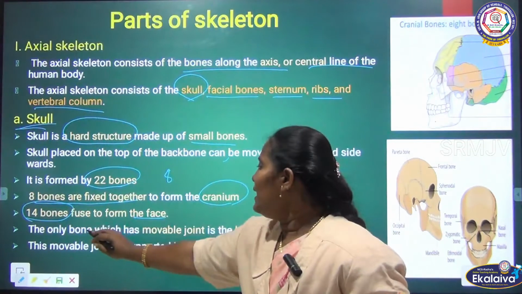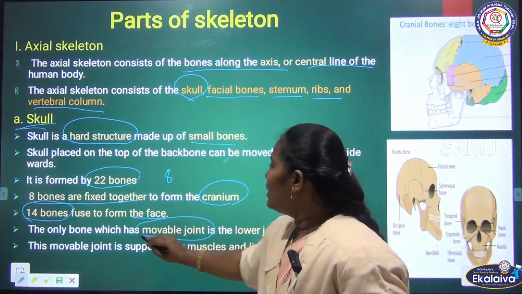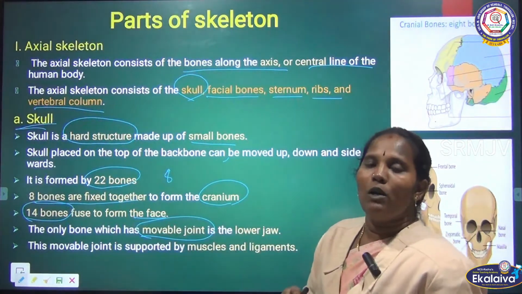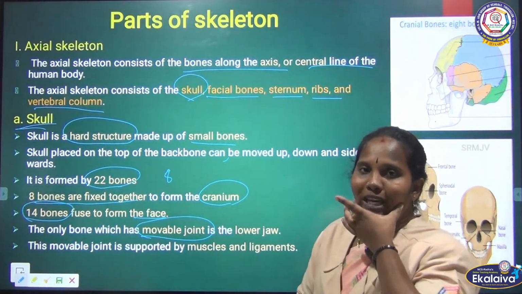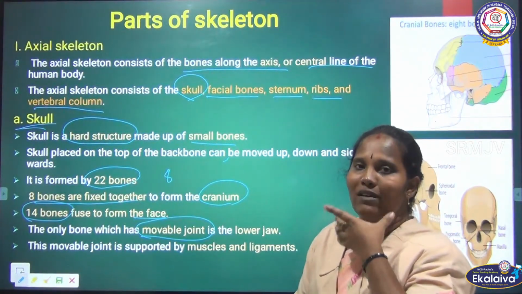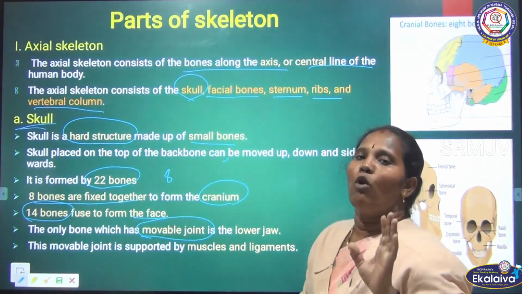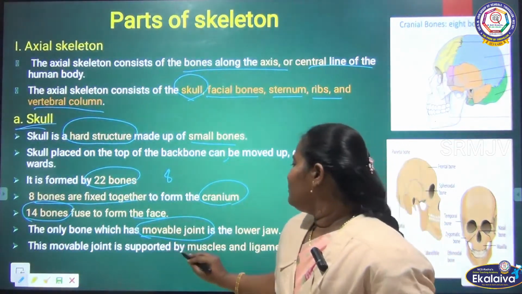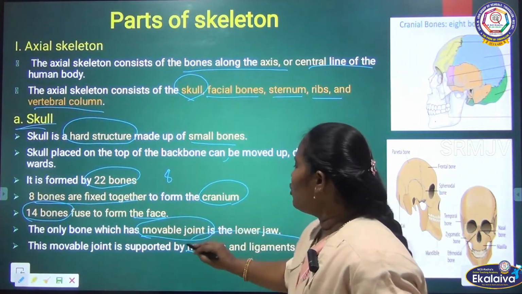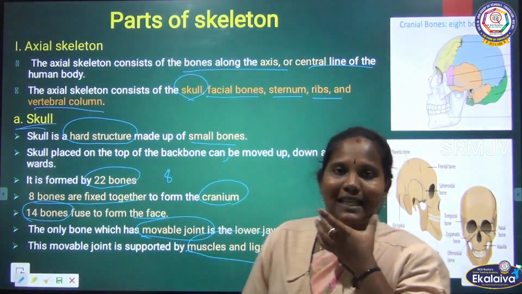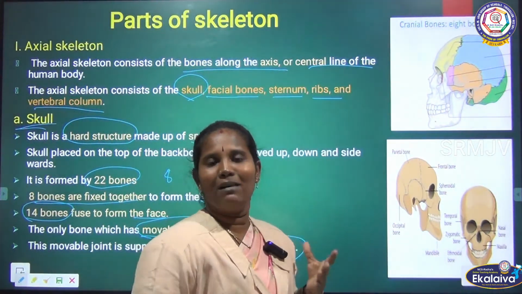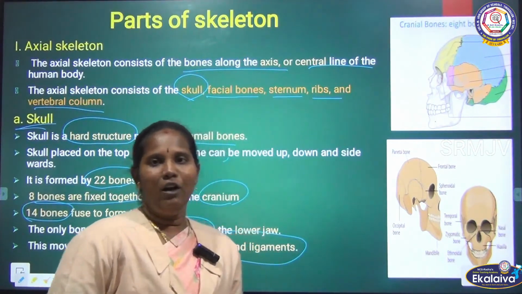The only movable bone in our skull is the lower jaw. While we speak, our lower jaw can move here and there. Muscles and ligaments are attached here, and they help the movement of the lower jaw.